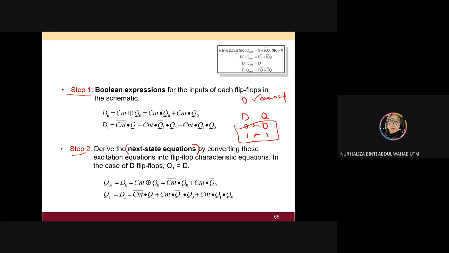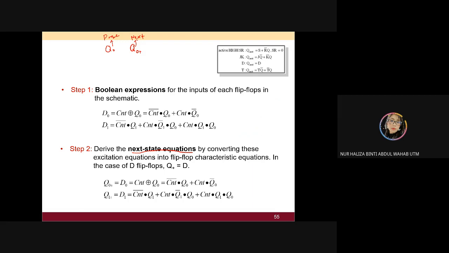So you can see the next Q is always similar to D, right? So for the next step equation, if you have Q0, this is your present. But for your next Q0, it will be plus. This is your next. If you still remember about the plus here, this is the present, this is the next.